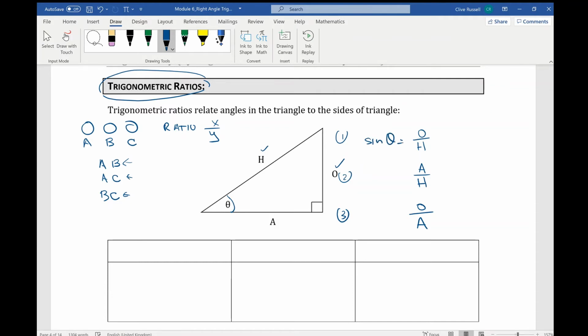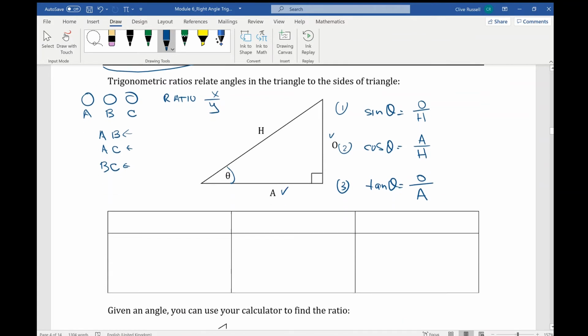I define sine of theta as the opposite over the hypotenuse. Now I could have called it hypotenuse over opposite, but by definition we just use O over H. For A over H, we call that the cosine of theta. And for the third one, O over A, we call that the tangent of theta.